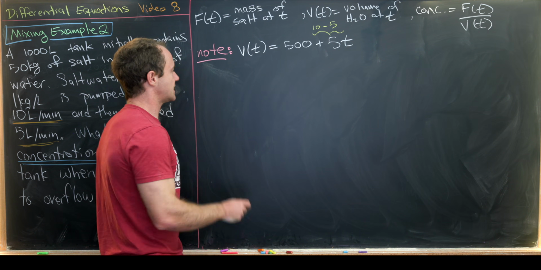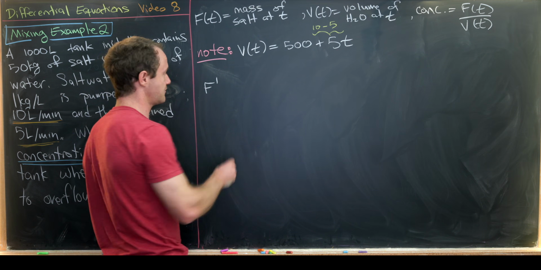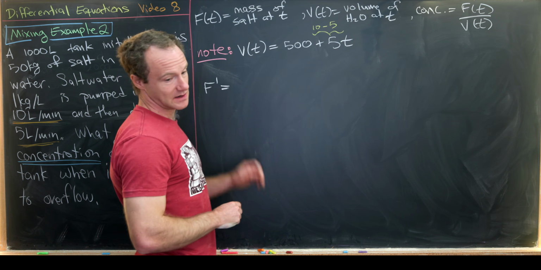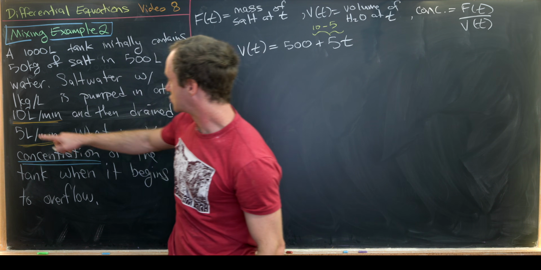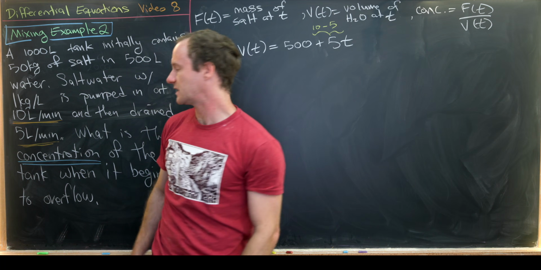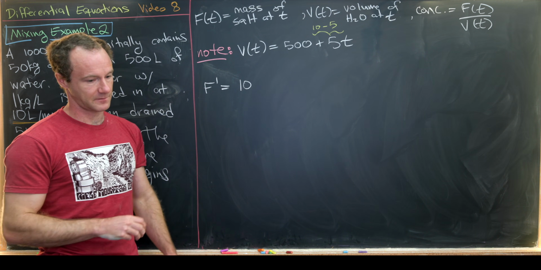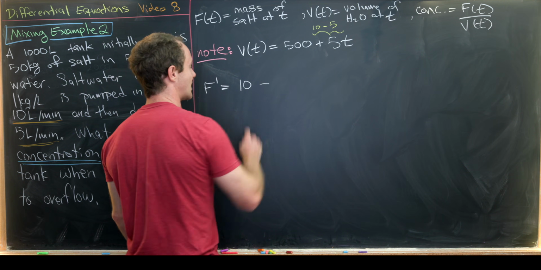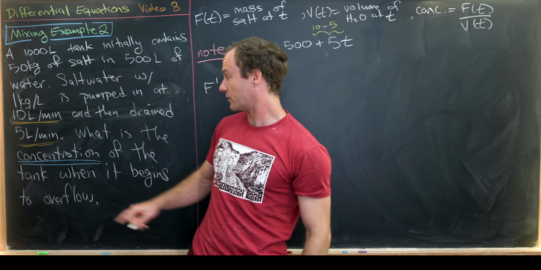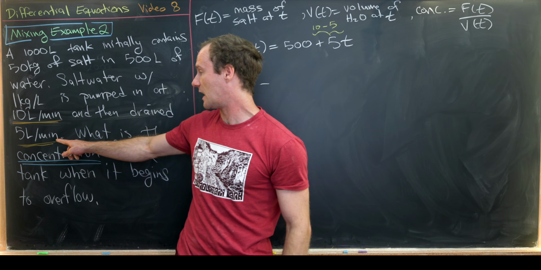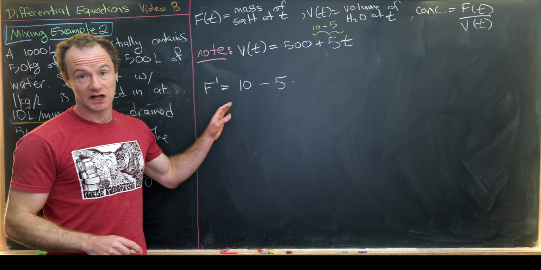Okay, so now we can go ahead and write a differential equation for our mass. So we've got F prime, and that's going to be the mass in like we had before. Notice the mass coming in is equal to 1 kilogram per liter times 10 liters per minute. So that would be 10 kilograms per minute. I'll leave the units off. And then that is subtracted from the mass going out. So that's going to be the concentration going out times the rate of flow out. The rate of flow out is 5. So we have 5 times the concentration going out.